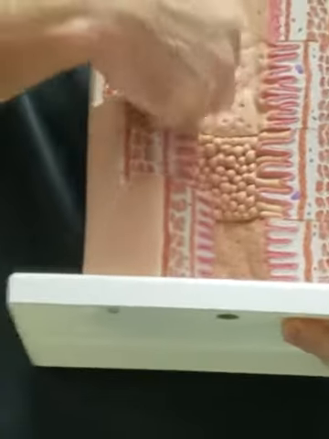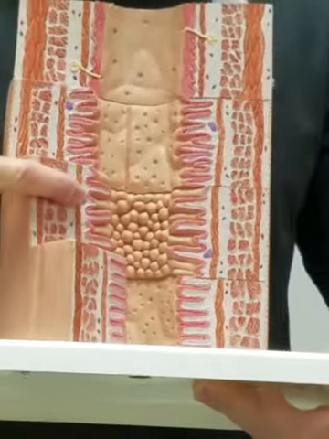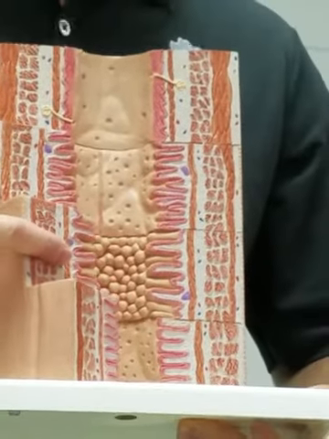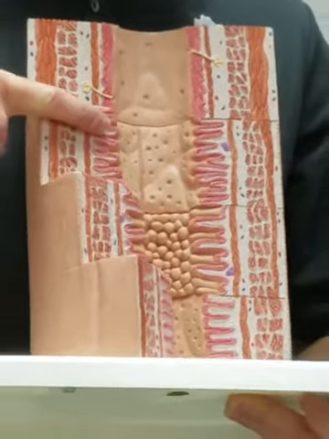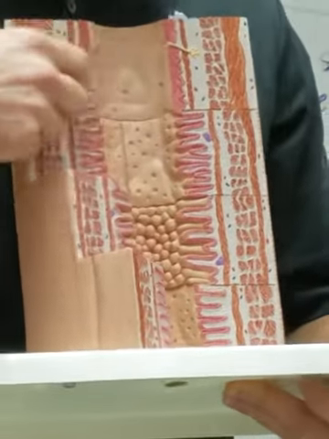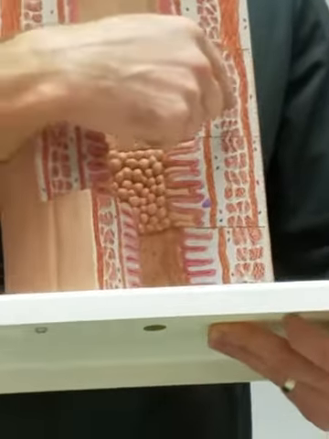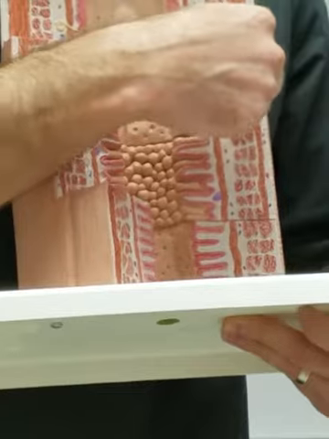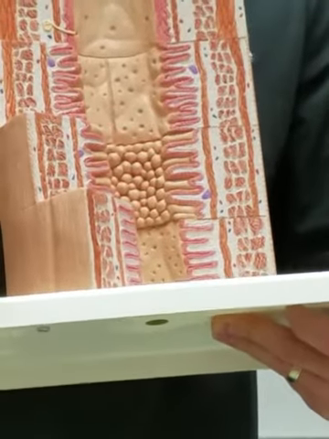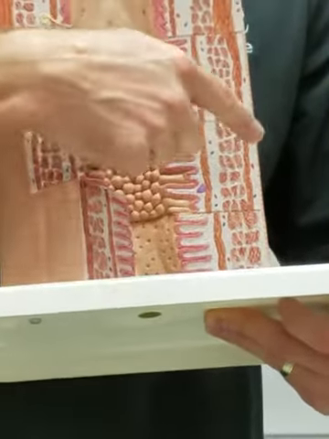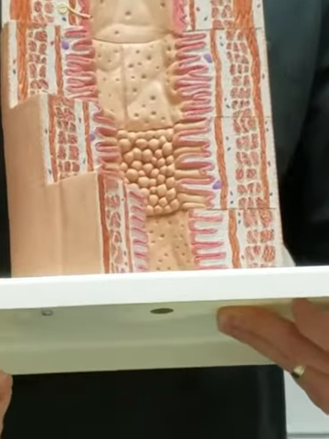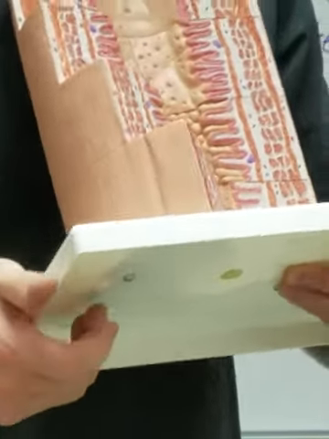Here, those bumps are villi, so this must be small intestine, right? So you have esophagus, small intestine. So this should be stomach, those are gastric pits, gastric glands. The problem is I only see 2 layers of muscularis externa. The muscularis externa here looks the same as it is there and there. So, mistake. There should be 3.